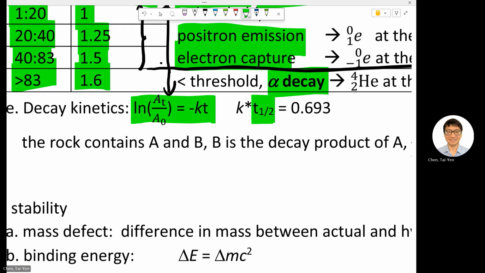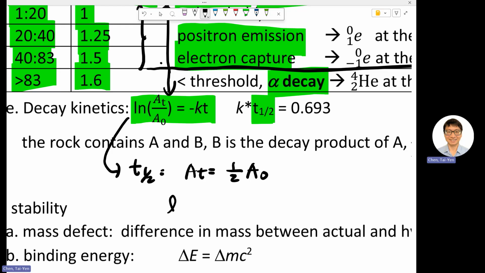The reason you get this equation is that at t half, your A_t is equal to half of your original amount. So you simply replace your A_t with 1/2 of your A0.